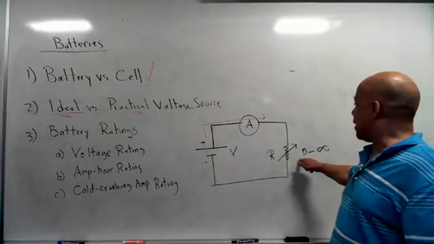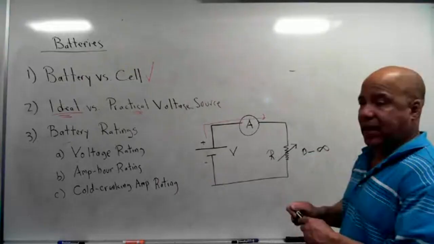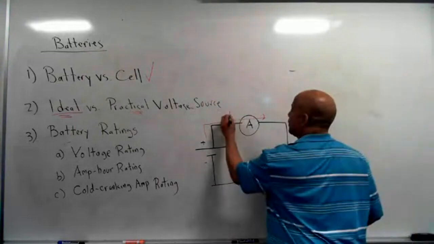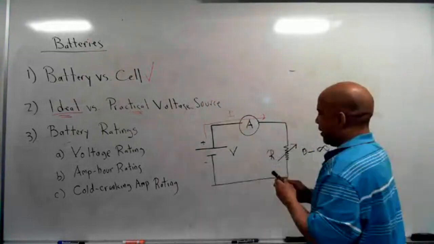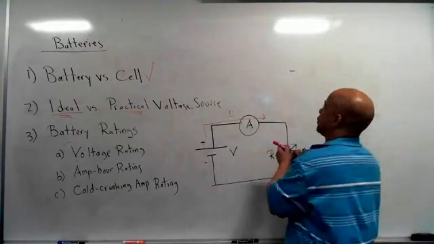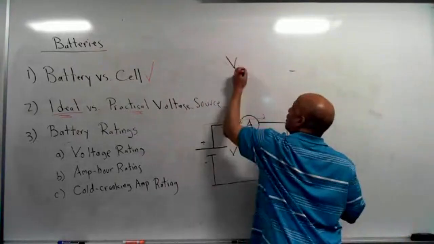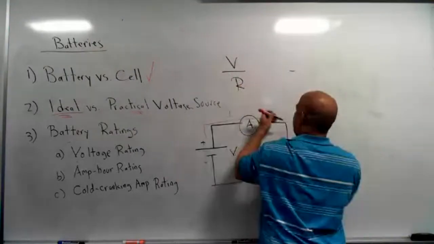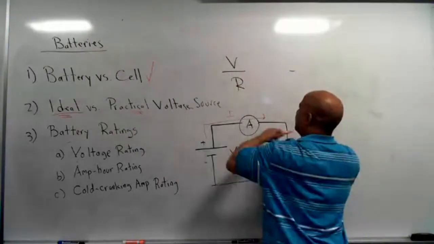Now I want you to think about what happens to that current when I do that. Think about what happens to that current if I have a fixed voltage source divided by a resistor whose value I can change.